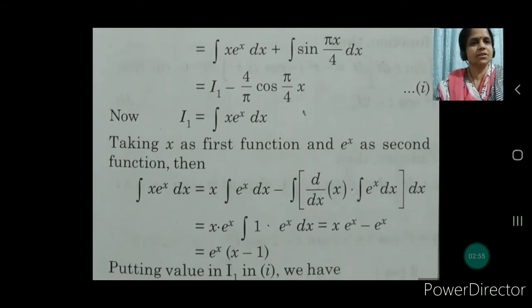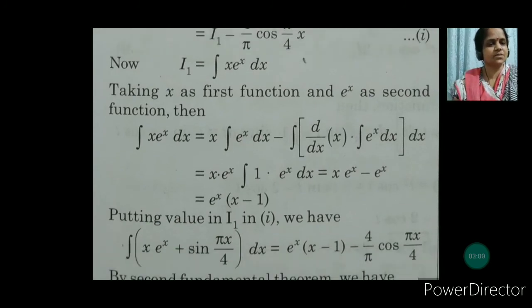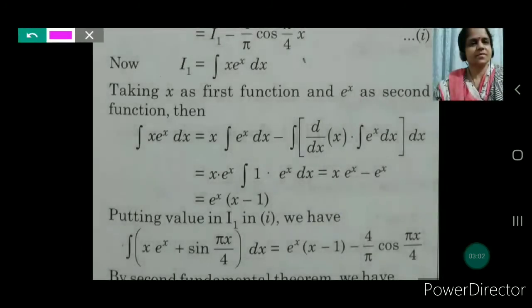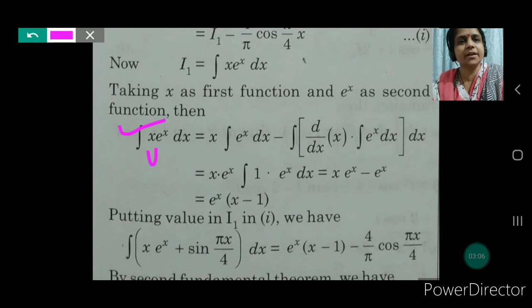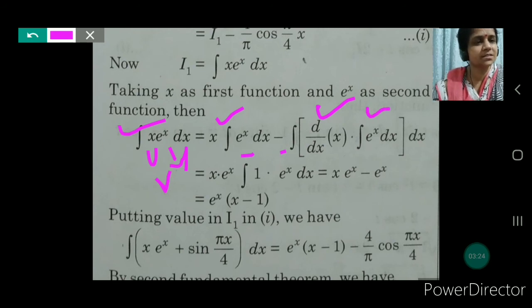So for this we have to apply the method of integration by parts. Okay, and here x take as u, okay, and e raised to x as v. So apply the formula. It is x as it is, integration of e raised to x dx, then take minus sign, integration, and here d by dx of x into integration of e raised to x dx, and then whole integration.